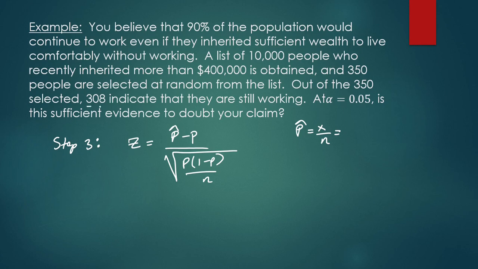In this case, we have 308 successes divided by a total of 350. p, we are given that the claim is equal to 90%, so p equals 0.9.